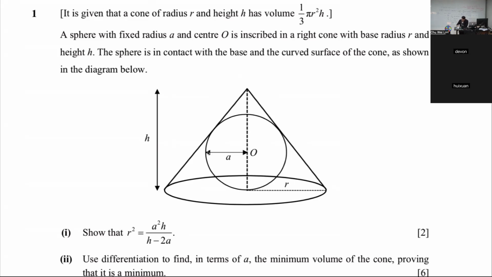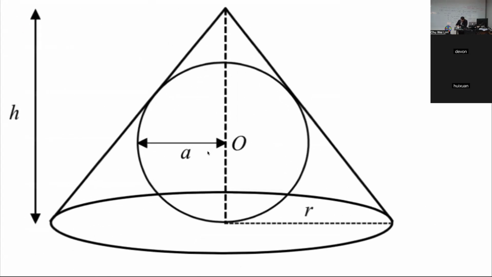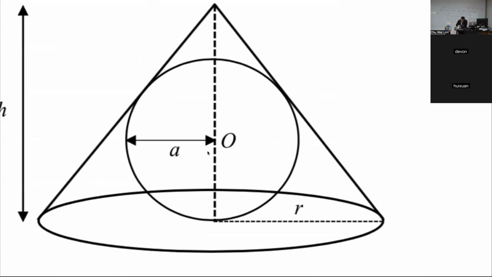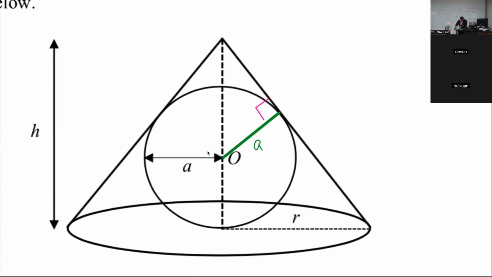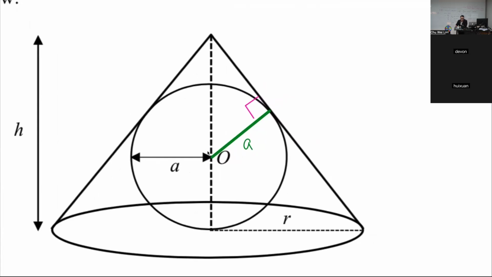Okay, then we run through here. Now, those who cannot prove R, maybe you should do this. You draw a line here. And this is 90, right? Then this should also be A, right?